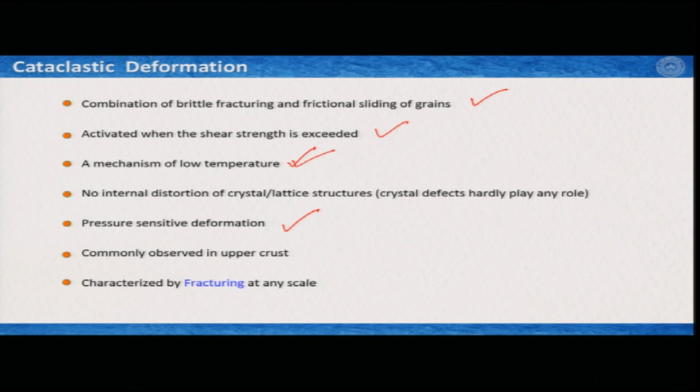If you recall, we have learned that the strength of rocks varies greatly when we vary the pressure and pore fluid pressure. So, this is pressure sensitive and at the same time low temperature deformation. We commonly observe it in the upper crust or at the shallow surface of the earth, and essentially it is characterized by fracturing at any scale, but today we will mostly look at the fracturing at grain scale.